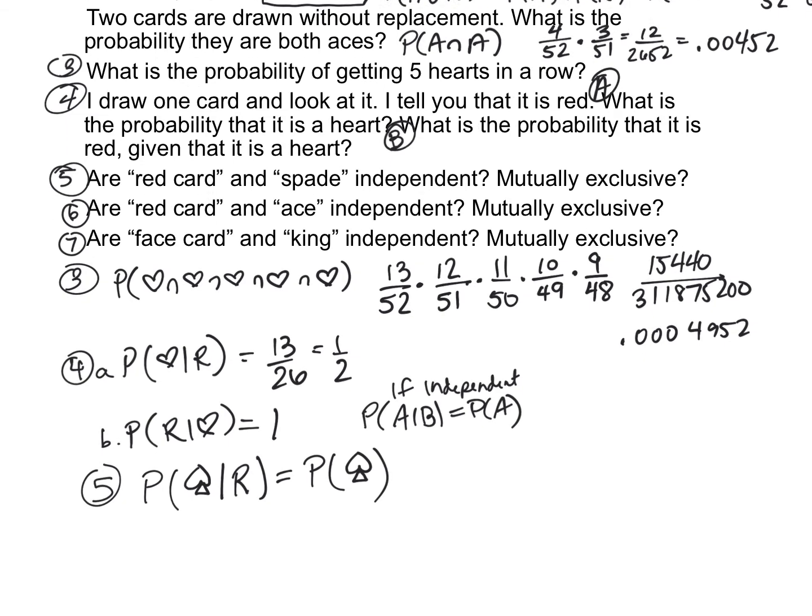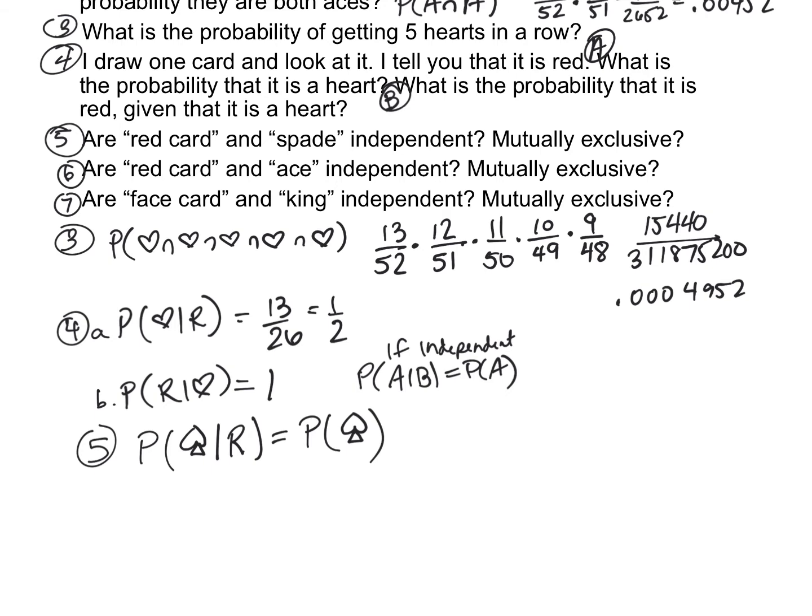Sorry. So now we're talking about that idea of independent and mutually exclusive. Is it one or the other? Is it neither? Neither is an option. It doesn't have to be one of those two things. If it's independent, knowing that the card is red does not change the probability of getting a spade. If I know the card is red, what's the probability I got a spade? 0, right?